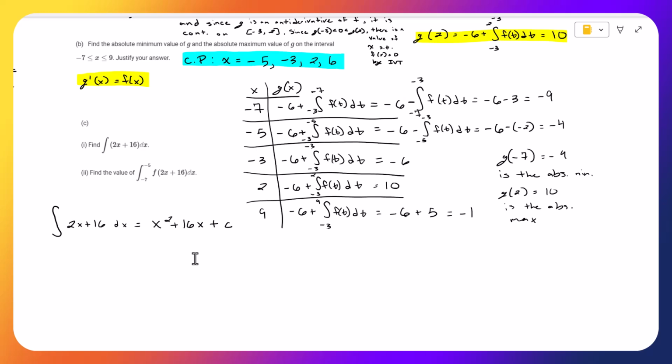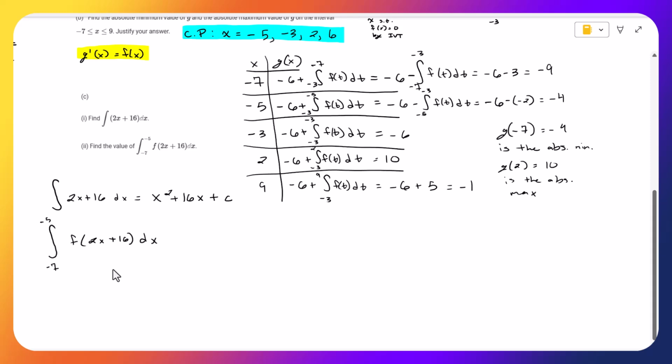Okay, and now our second one, we want to find the value of the integral from negative 7 to negative 5 of f of 2x plus 16 dx. Well, we don't know this, but I didn't say this super much with substitution, but I'll say it now because it's coming up.